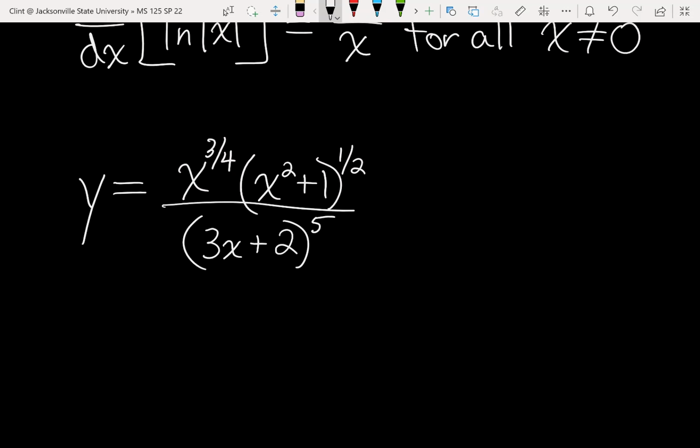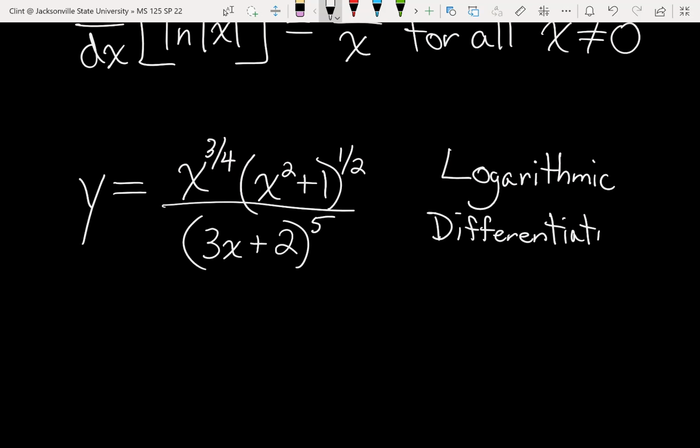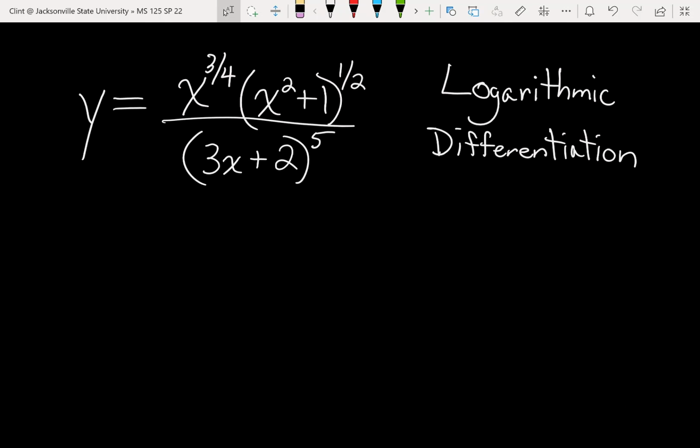So the idea behind what gets called logarithmic differentiation is that if we have something really complicated like this, we have an equality, right?